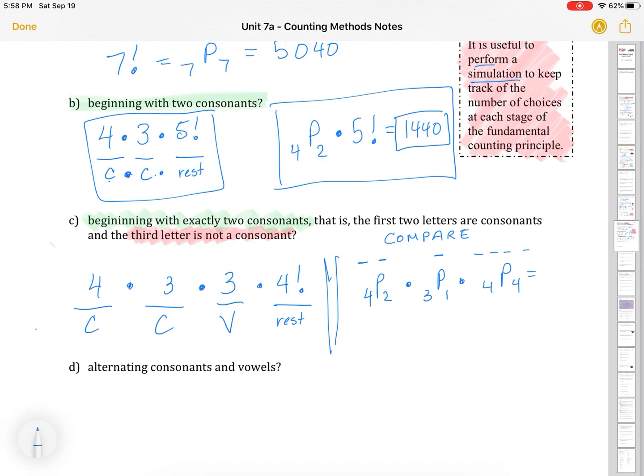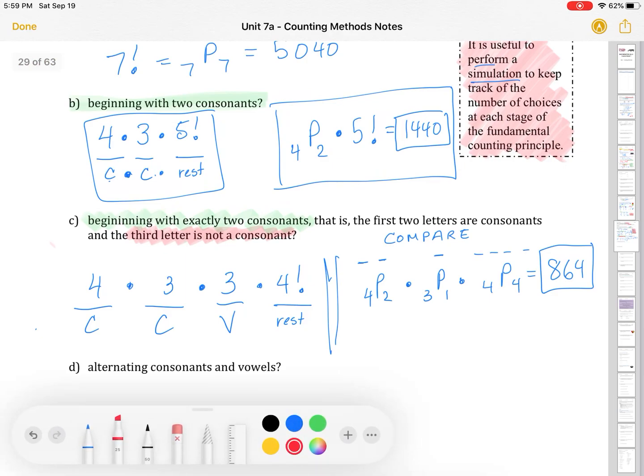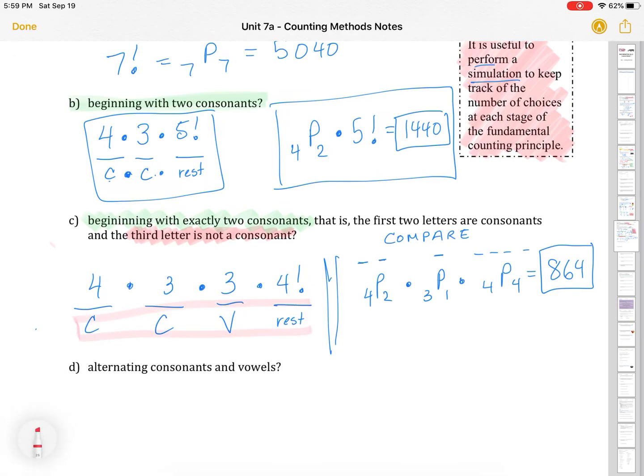Then we have 1, 2, 3, 4, and that's going to be 4P4 for the rest of them. We can pick whichever ones we want, or we can write that as 4 factorial. Either way, when we put that in, we get 864.